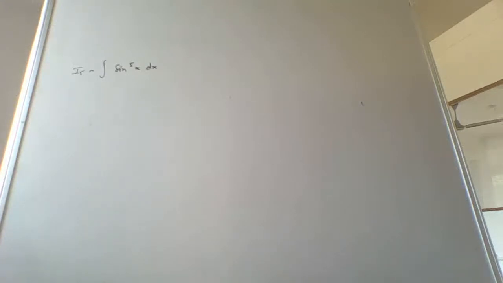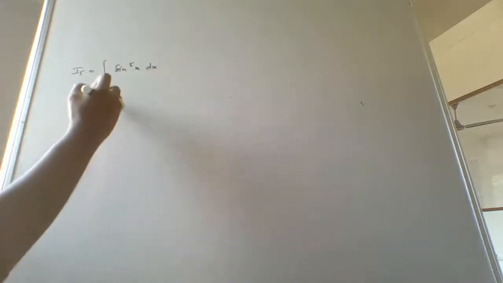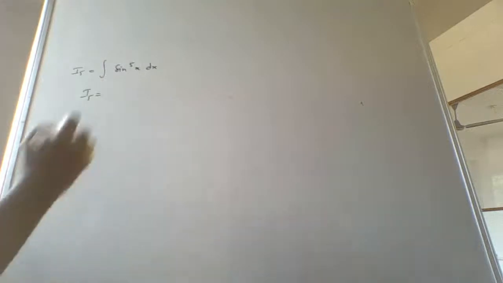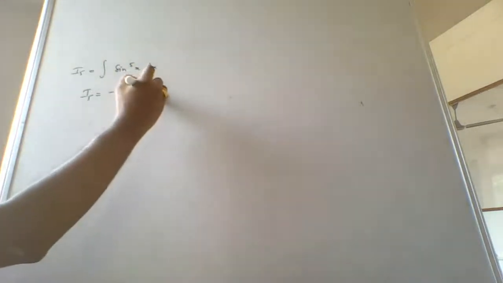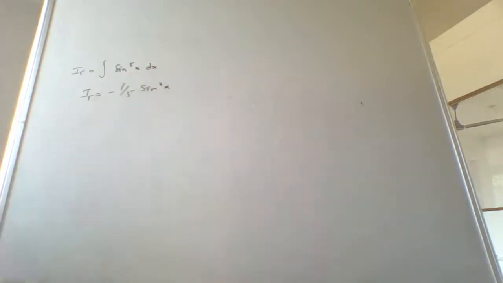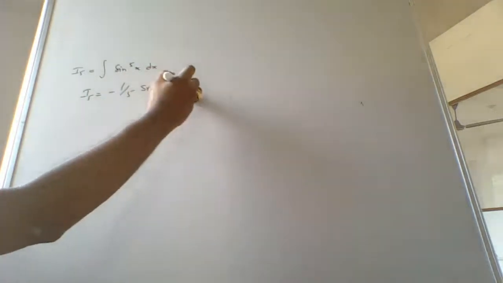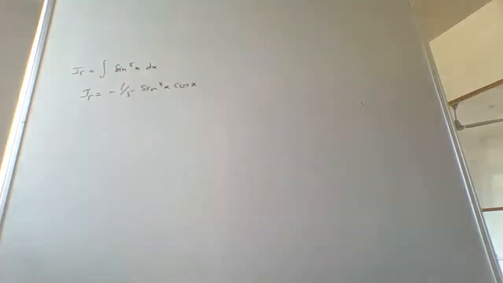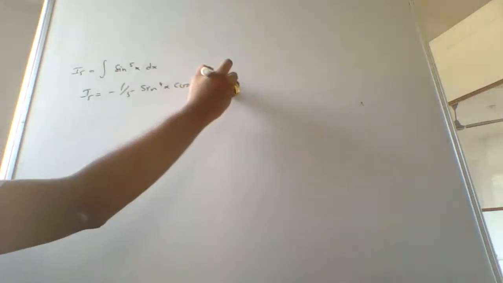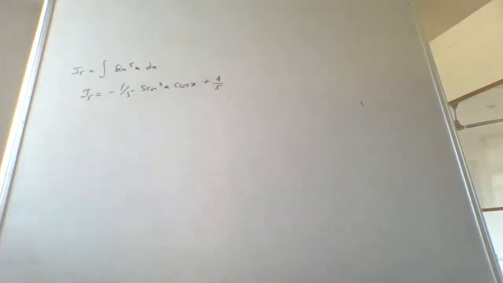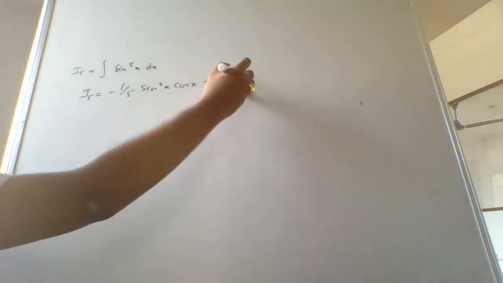By substituting that value, I5 is minus 1 by 5 sine power 4 x cos x plus 4 by 5 I3.